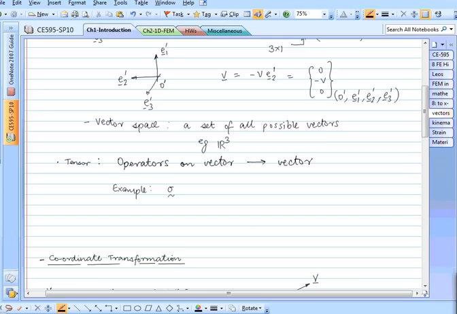All right. So the more mathematically correct definition is that a tensor is a linear map from one vector space to another.